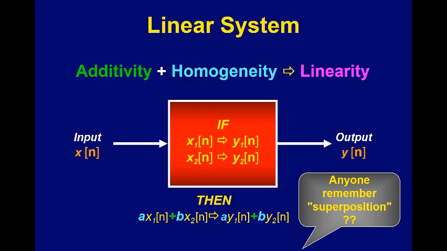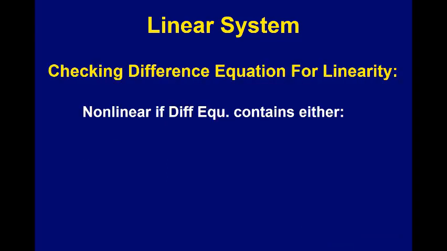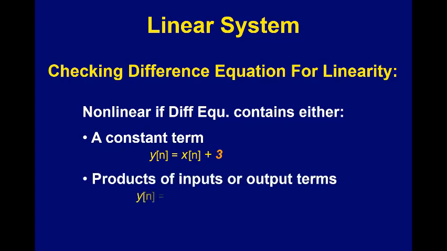So how do we spot that looking at a difference equation? Nonlinear difference equations have either a constant additive term, which actually makes it nonlinear because it violates those principles, or products of inputs with themselves, inputs with outputs, any cross combination of input and output products.